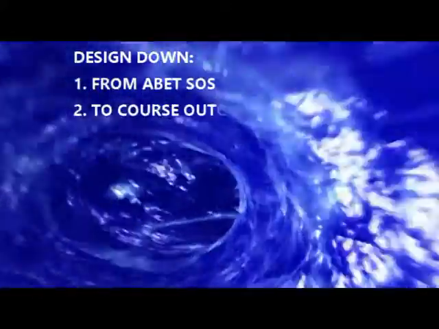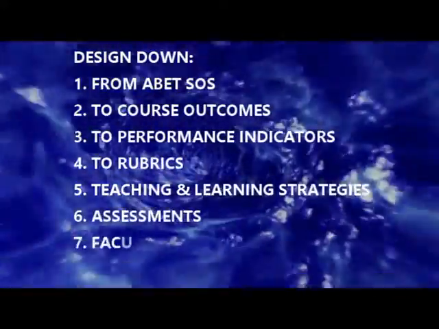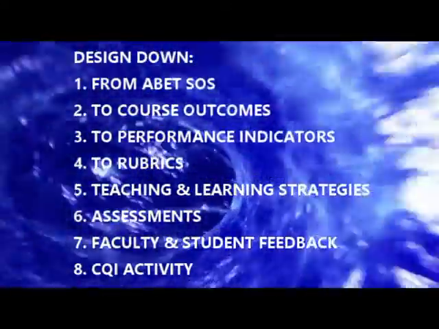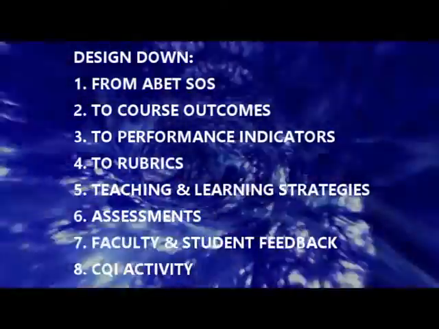For design down, we start with ABET SOs, then we go to course outcomes, and then performance indicators, then rubrics, then teaching and learning strategies, assessments, and then faculty and student feedback, followed by CQI activity for improvement.